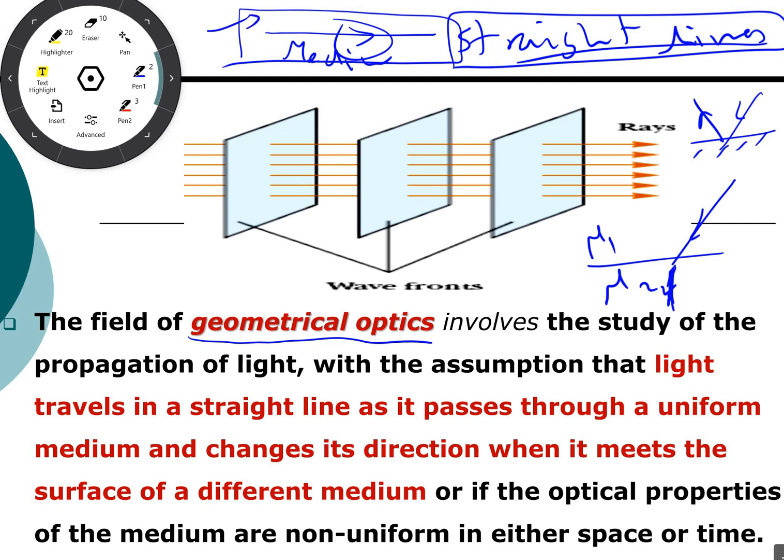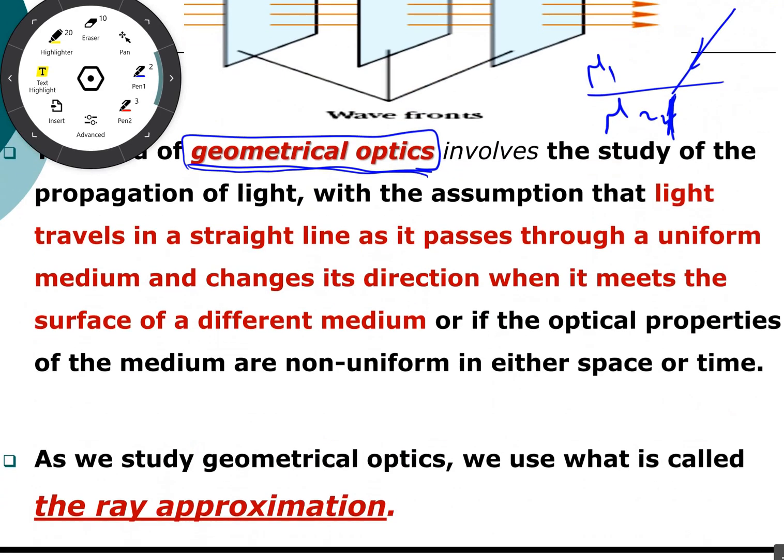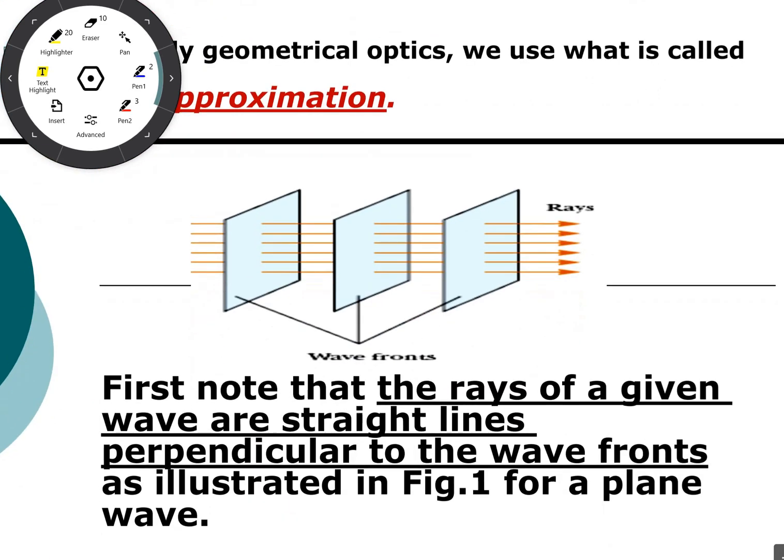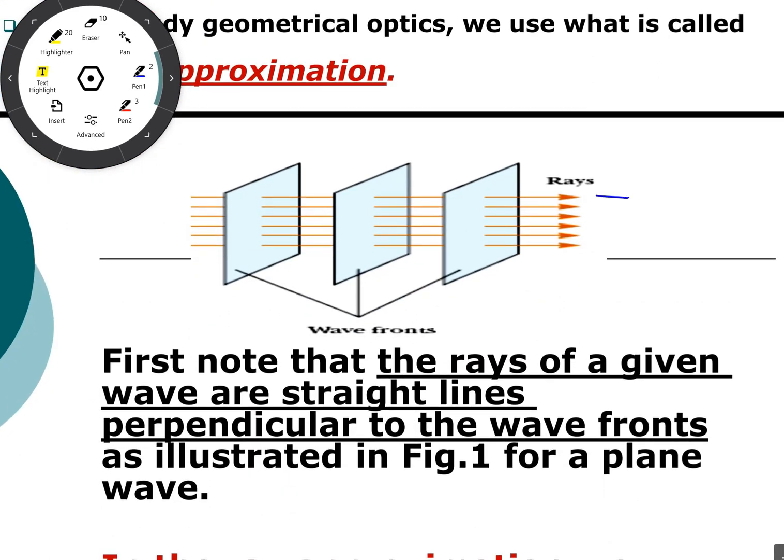This simple assumption made a branch of science. We call it geometrical optics. So these are the rays of light. The light always moves in straight lines, and the plane which is perpendicular to these lines is called the wave front.